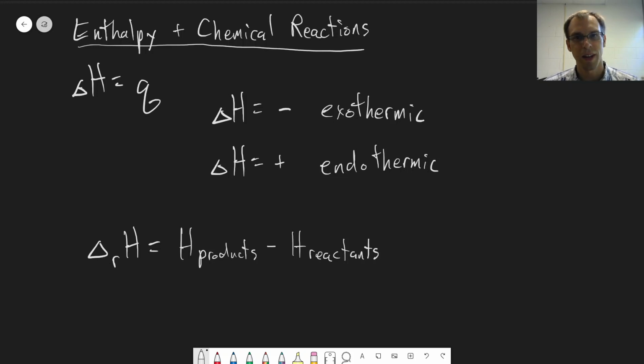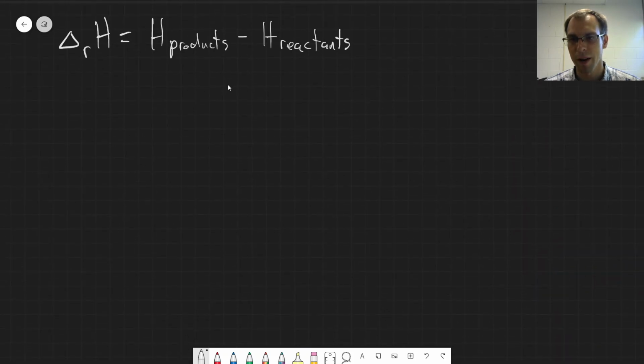This can let us even get enthalpies for reactions we either haven't experimentally measured or that are very difficult to do experimentally. And so enthalpies are tabulated for a lot of different things. We'll get to the idea of enthalpies of formation in the next video. But we can use our known values to find new values.